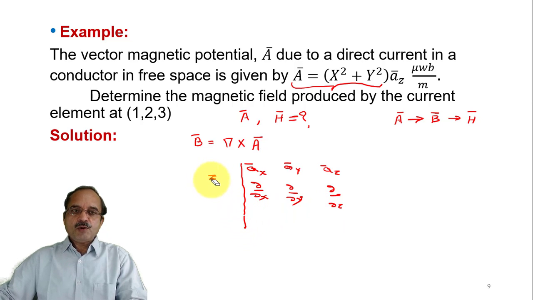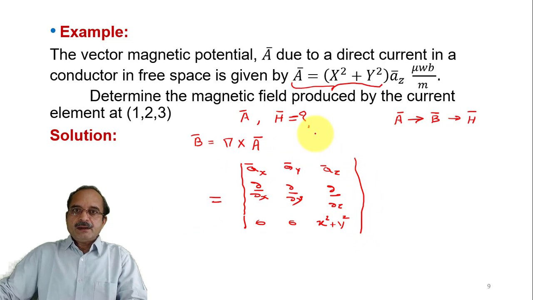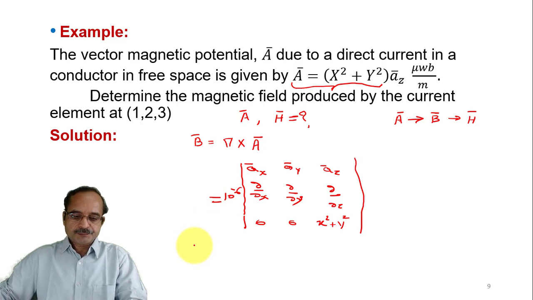This vector magnetic potential has only a z component, x square plus y square. So the x component is 0, the y component is 0, and there is only the z component, given in microweber per meter, so we take it outside as 10 raised to minus 6.